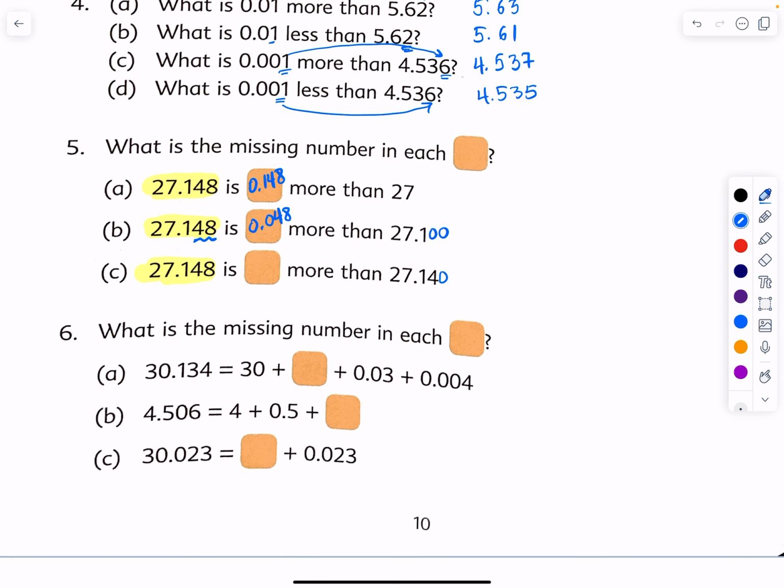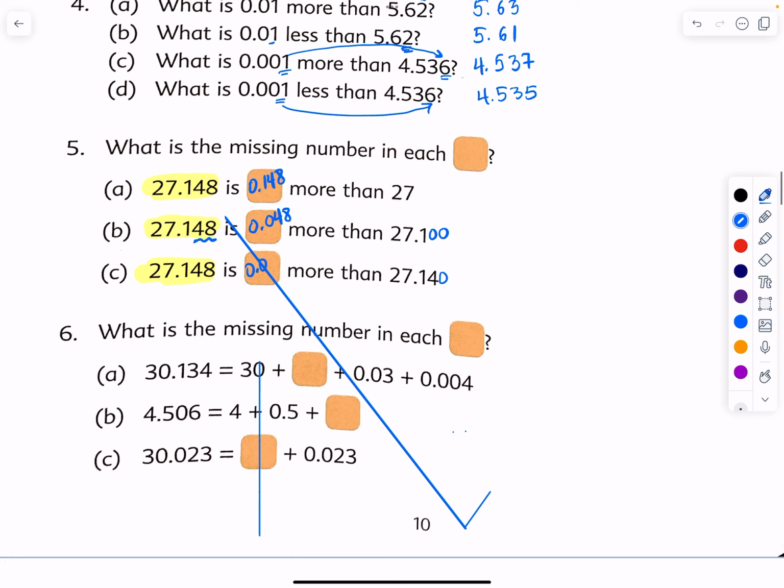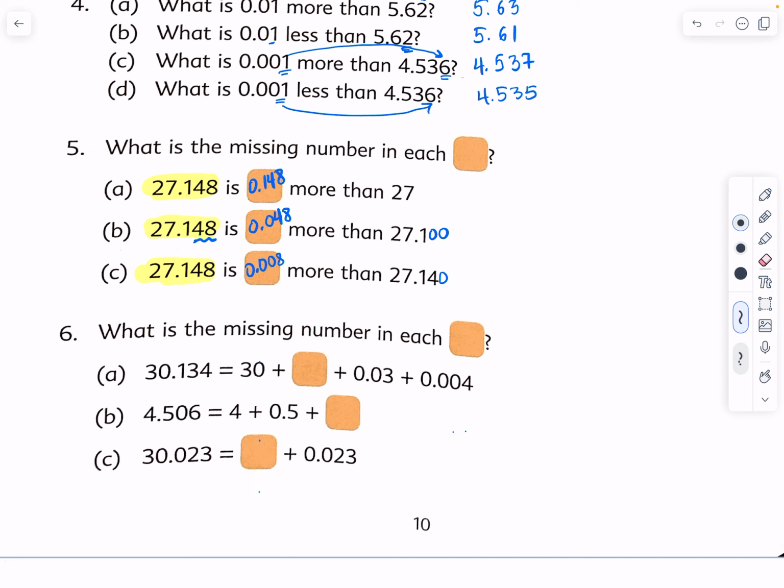Well, or we can say 140 thousandths. We can think of it that way, and we see that the difference is only 0.008 or 8 thousandths.